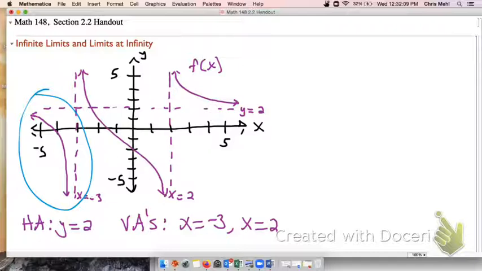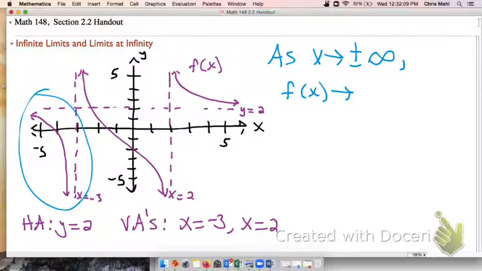One thing I want you to notice is that as x approaches positive or negative infinity, meaning x is becoming more and more positive or more negative, the function values themselves are always getting closer and closer to positive 2. So that's what it means to say y equals 2 is a horizontal asymptote.